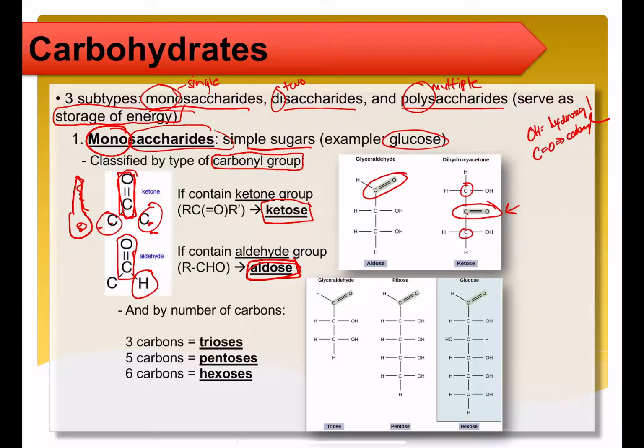If it has 3 carbons, we call it a triose. The ose here stands for the fact that it's a monosaccharide and part of the sugar group. That's why we have glucose, ose meaning something to do with sugar.